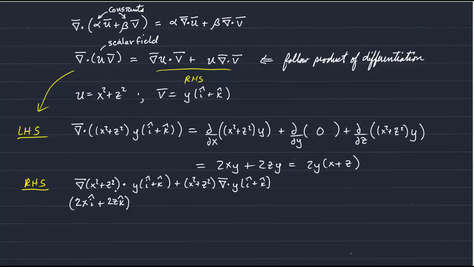So that was the gradient of our scalar field u, and we're taking the dot product with y i hat plus k hat.